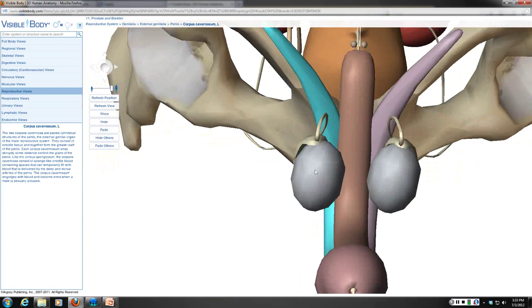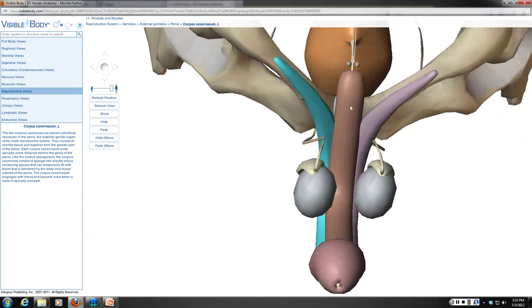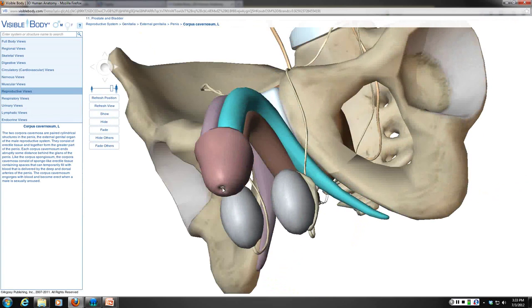One here, oops, I didn't mean to zoom in like that. One here, and then this portion of the penis that helps anchor it to the muscles there in the abdominopelvic cavity. That's called the bulb of the penis. And I think that covers most of the structures. Obviously, the opening of the penis is called the external urethral orifice.